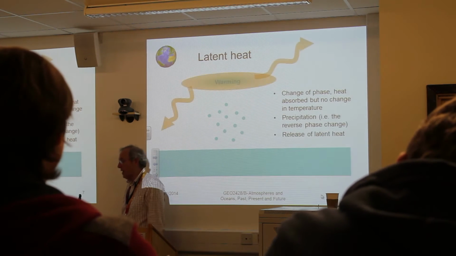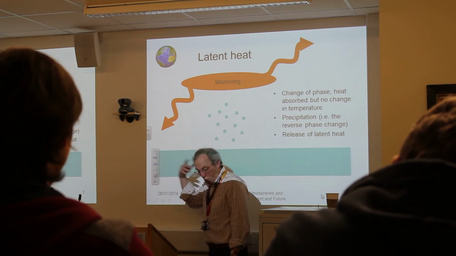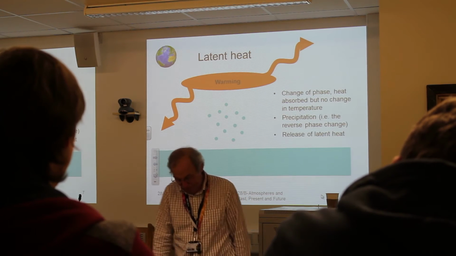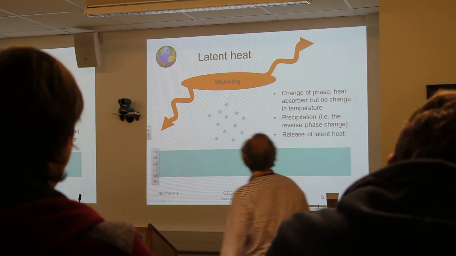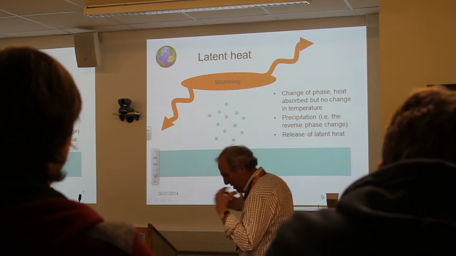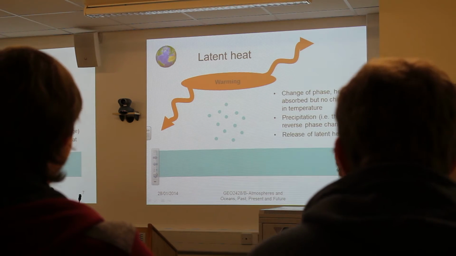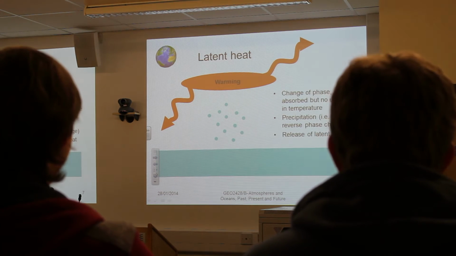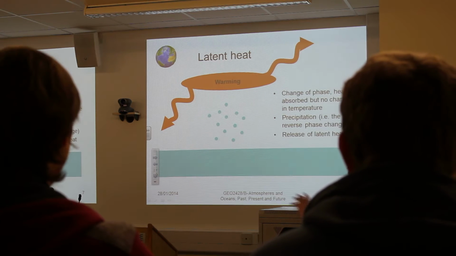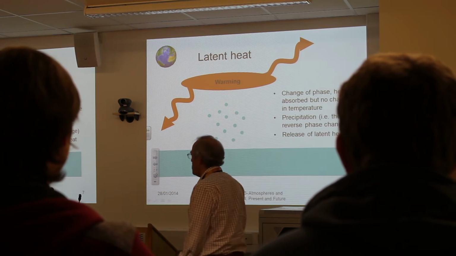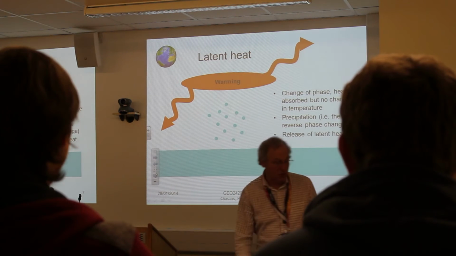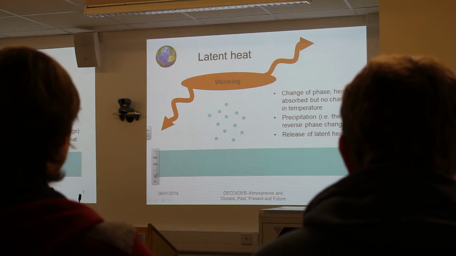And therefore when we get warming leading to raining out, again we can get a heat exchange, we can get energy exchange, but we don't necessarily get a change in temperature. So precipitation is the reverse of evaporation, and latent heat is released as energy during the phase change.